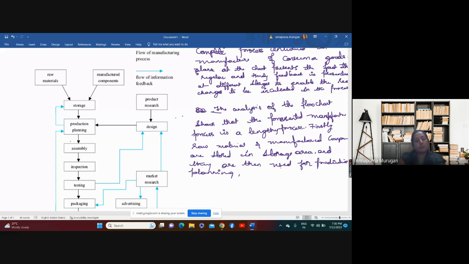Post to this process, assembling takes place.